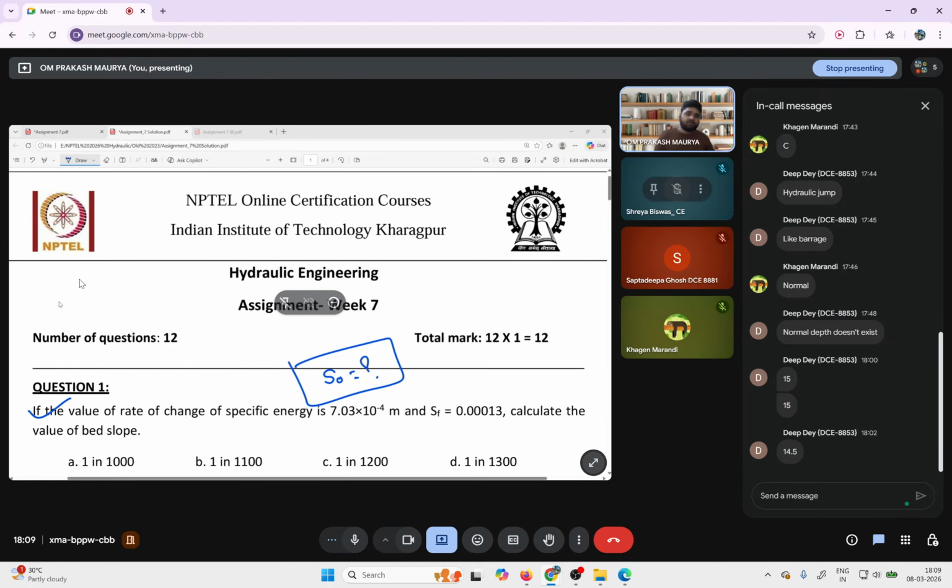Very easy. So please just try to calculate the answer for the first question. If the rate of change of specific energy is 7.03 into 10 raised to minus 4 and the friction slope is given as 0.00013, then you need to calculate the bed slope, S naught. I am representing it with S naught; you can use Sb also, no issue.